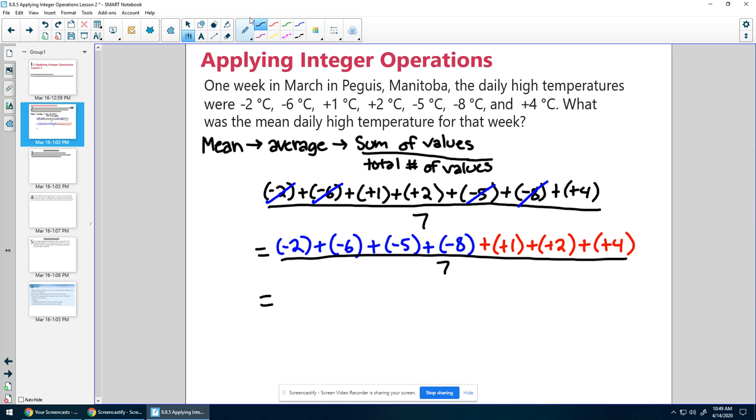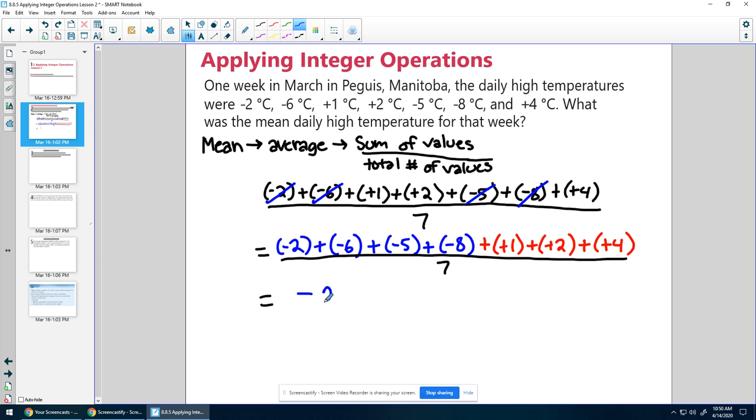Okay, so now that we have our information neatly organized, we can do this in 2 steps here. We have our negatives, and we're going to add all of our negatives together first. These are all on the same team, so we know the team is just going to get bigger. So we have a negative team. 2 plus 6 is 8. Plus 5 is 13.